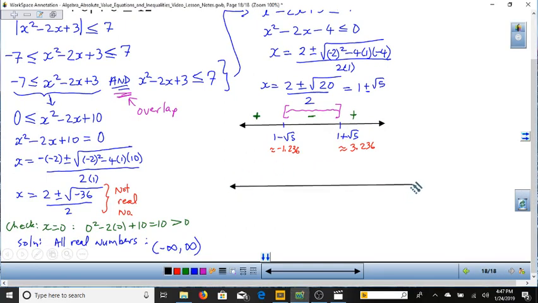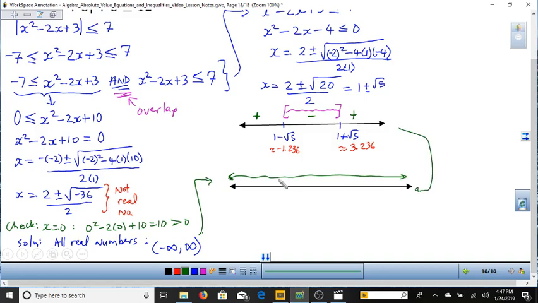For the inequality on the left-hand side, it turns out that that inequality was all real numbers. And then that's what this guy gave us. But this one gave us numbers between 1 minus square root 5 and 1 plus square root 5. Those are the numbers that we have right here.